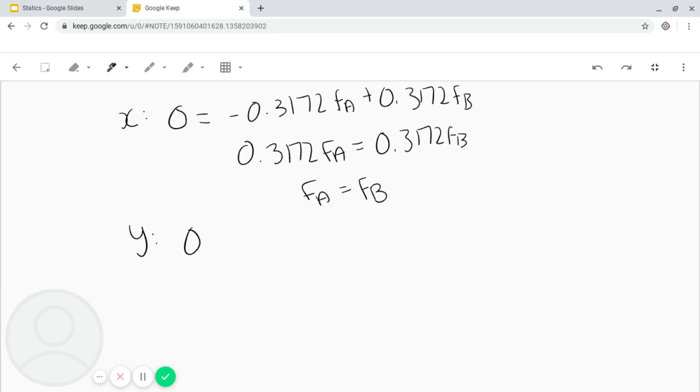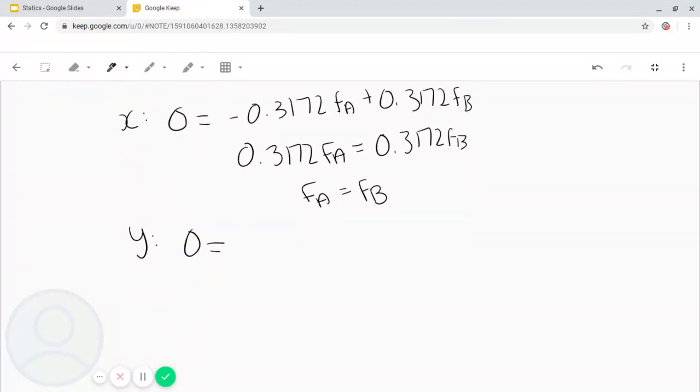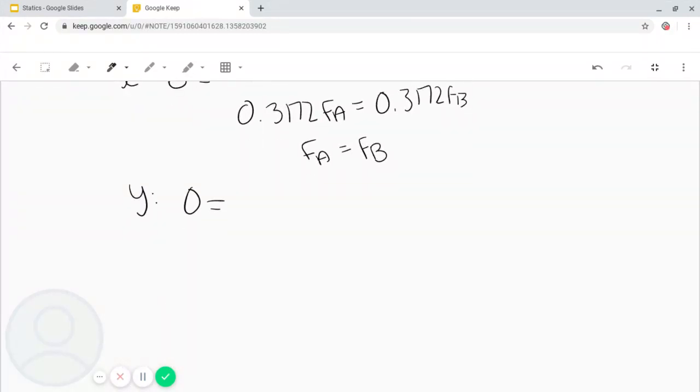So y is a little bit trickier because the force on the rope DC is included as well. So all I have to do is just add up those. So we'll put these in.